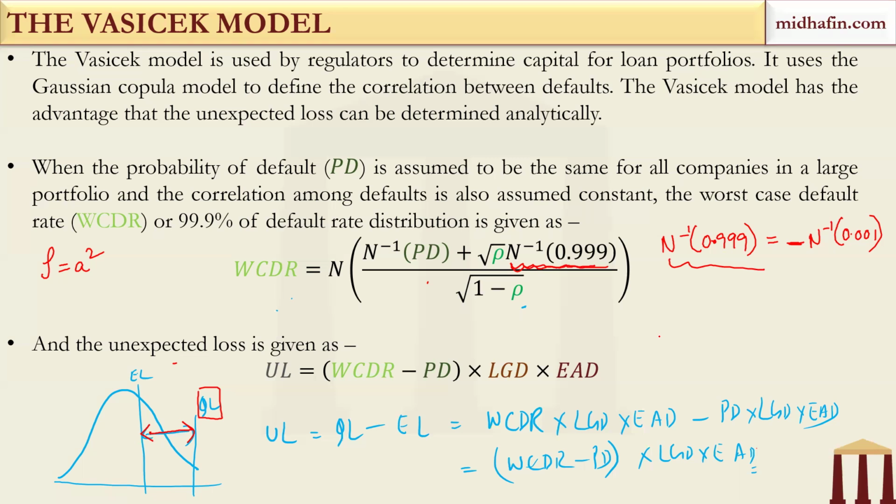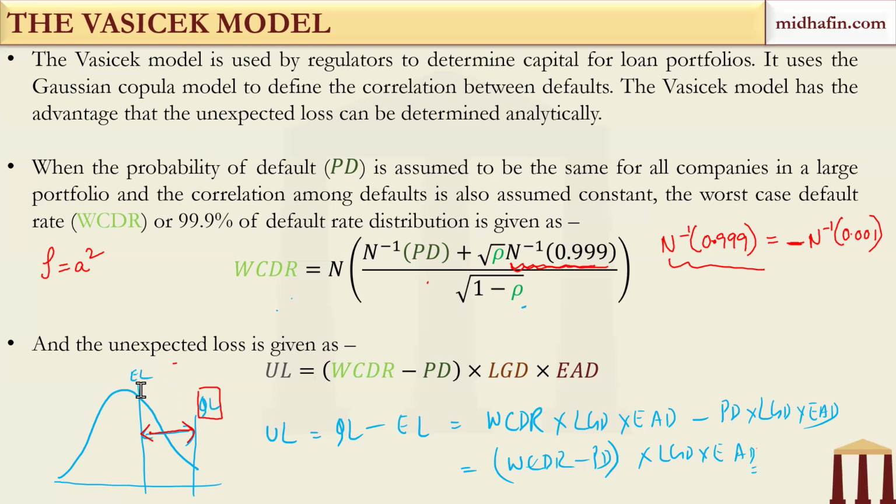Right? That is the assumption, or you can say the implied conclusion, based on this diagram. Because see, you have QL from the same distribution, you have EL from the same distribution.